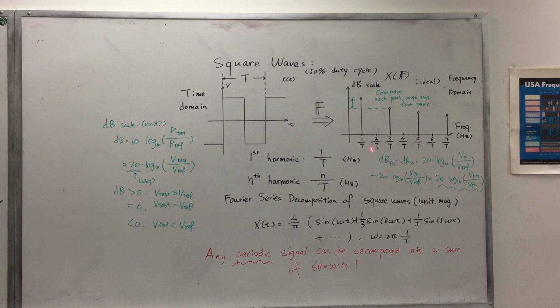We're able to do this very easily by just subtracting, because by the rule of logarithms, whenever you do subtraction of logs, you're actually doing division. So if we want this quantity, we can just subtract the value in dB scale of the first peak from the value in dB scale of the nth peak. So that's pretty much the theoretical background here. Let's move into the actual experiment.